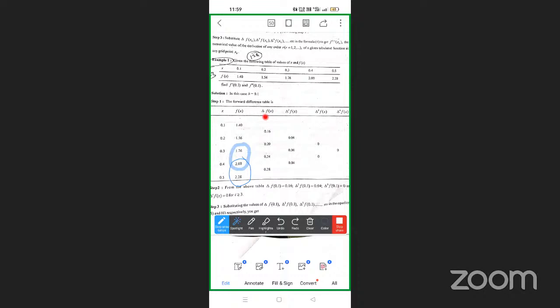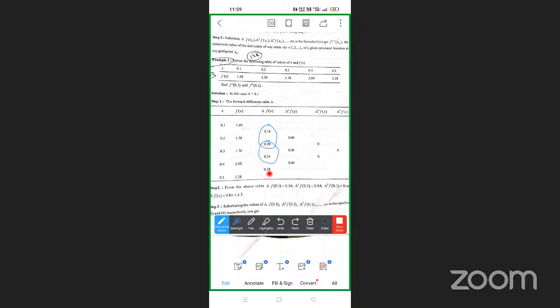Delta f of x. Next, delta square f of x. 0.2 minus 0.16, the difference between these two, is 0.04. Next, 0.24 minus 0.2 is 0.04.